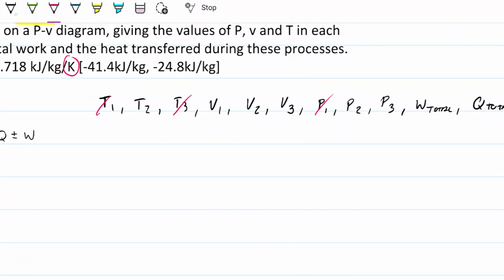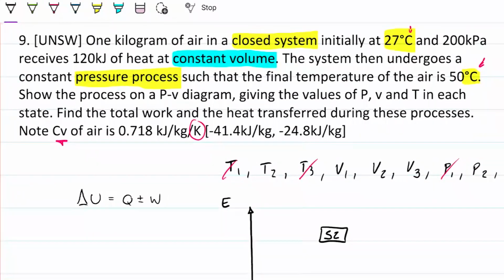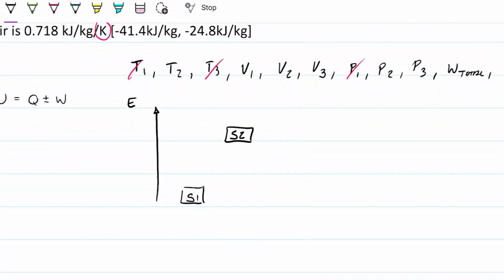I'm going to put a little energy diagram of those that we do. Just energy here, and I'm going to say that state 1 is down here, and I know that state 2 is up here. We're receiving 120 kilojoules, so I know that my internal energy needs to increase as we go from state 1 to state 2.